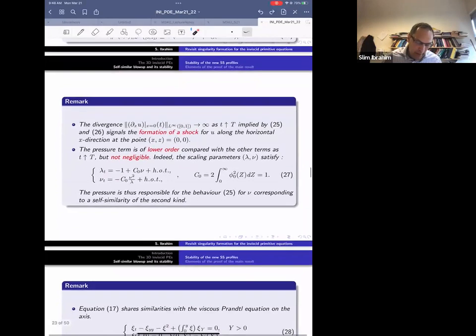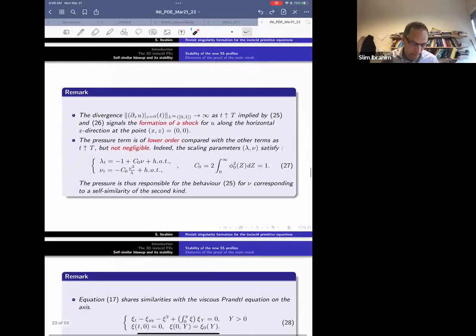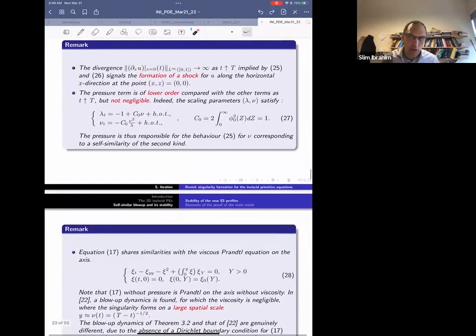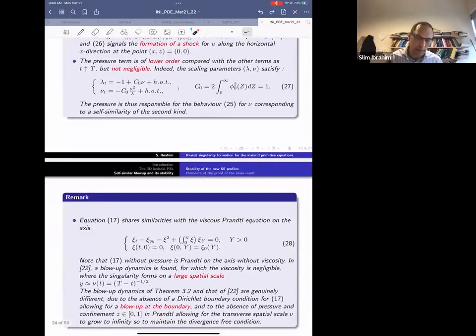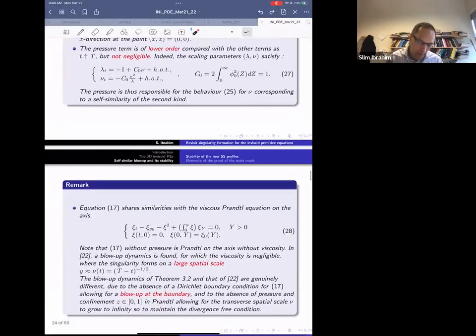So we see how the pressure is responsible for this log correction. In some sense, the pressure slows down the blow-up when we compare it to the subcritical case. So the pressure is not an enemy, and it was nice to see this on quite an explicit example.